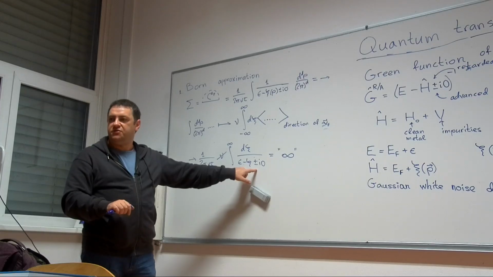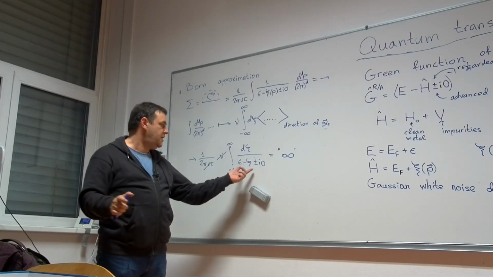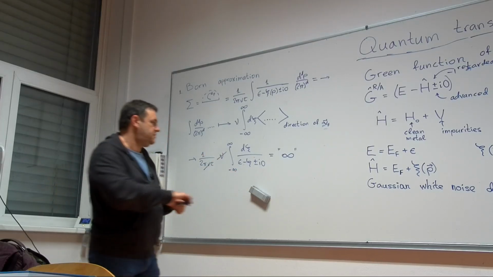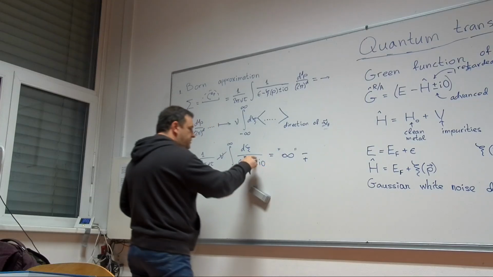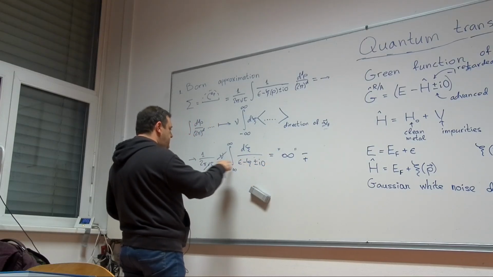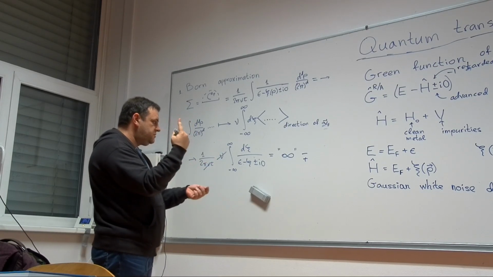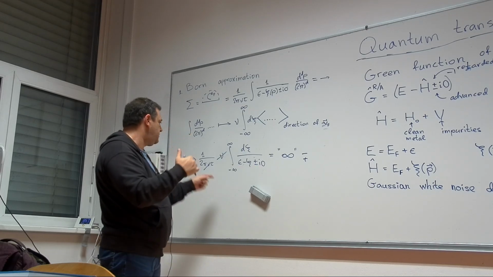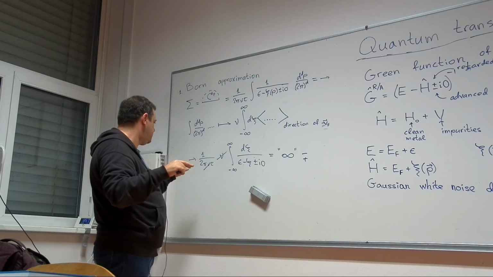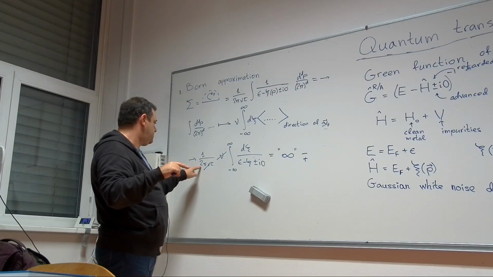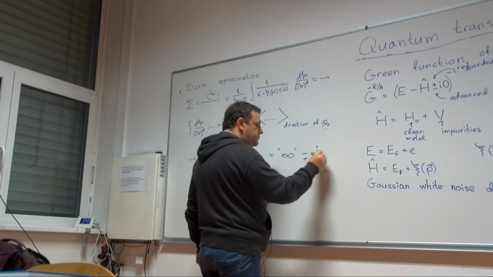But if you take the imaginary part of this object, then the integral for the imaginary part is convergent, it does not depend on these limits, and it's very easy. It is minus or plus, depending on whether you had plus or minus here, 2 pi tau, and then the residue at the pole is 1, and I take only half of this pole because I go only halfway around, so it's i over 2 tau.